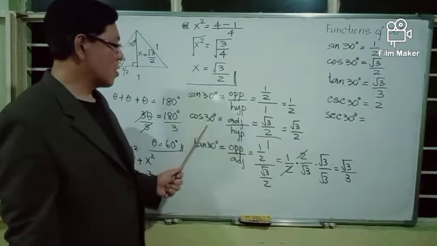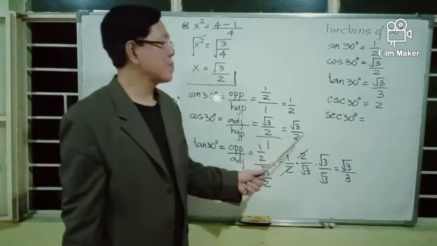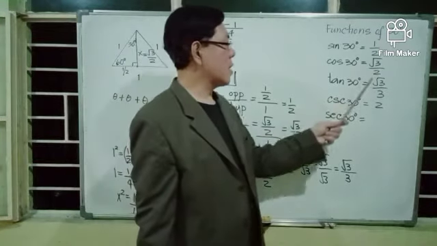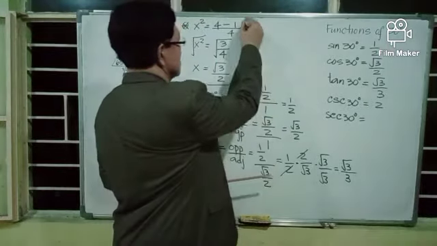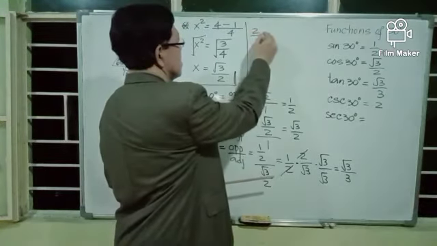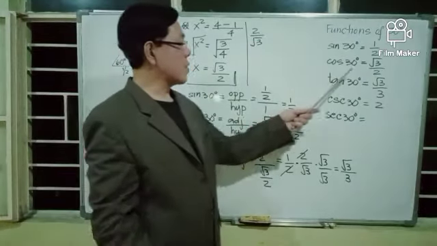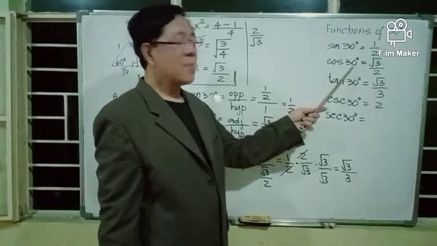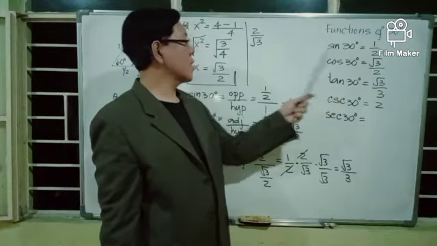The value of cosine of 30 degrees equals square root of 3 over 2, and its reciprocal is 2 over square root of 3.